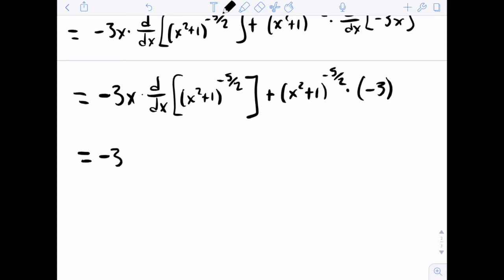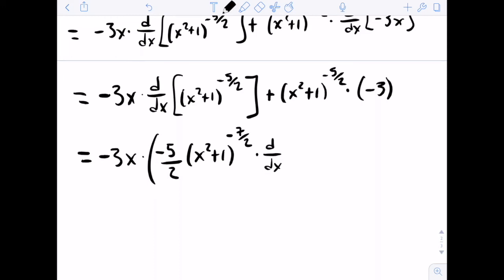So we've got negative 3x, and then we can use the chain rule again, or the general power rule. What happens is the minus 5 over 2 comes down, the inside of the bracket stays the same, and you subtract 1 from the exponent. So minus 5 over 2 minus 1 is minus 7 over 2, and then you multiply by the derivative of the inside, the derivative of x squared plus 1.